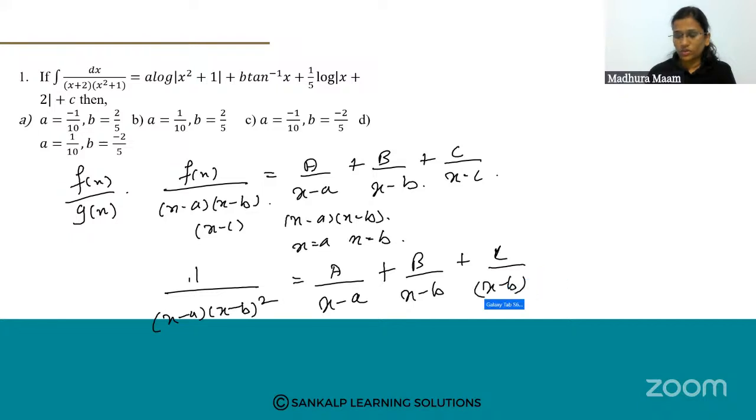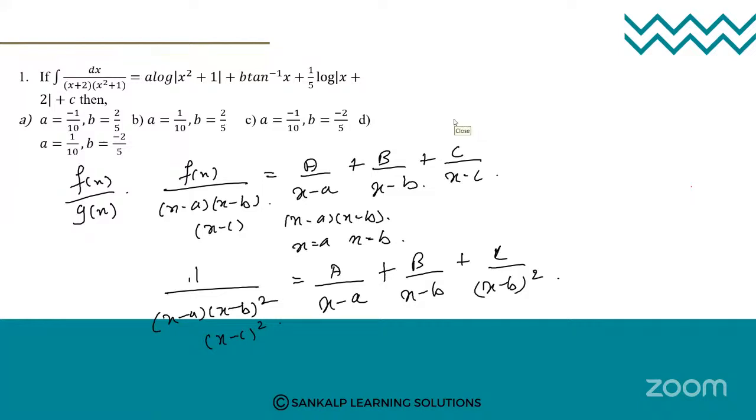The repeated root here is x minus b, that is x minus b whole square, so you have to split it as x minus b and x minus b whole square. Even if this continues, if you have more than 2. Everyone remembers this much, right? Any doubts in this method to anyone? No, ma'am. Okay, so this is one kind.